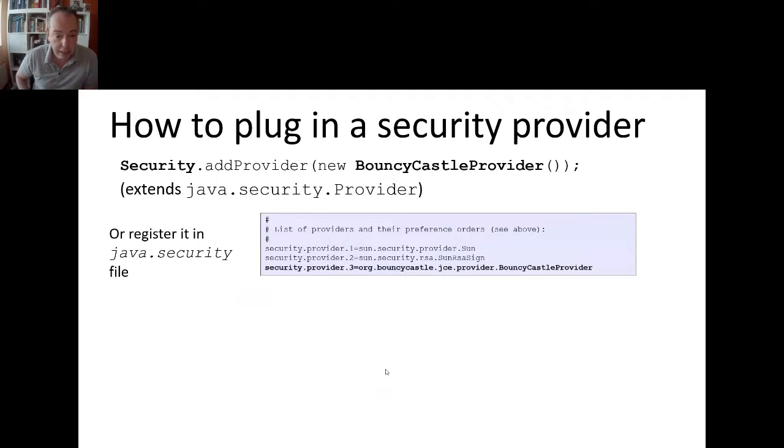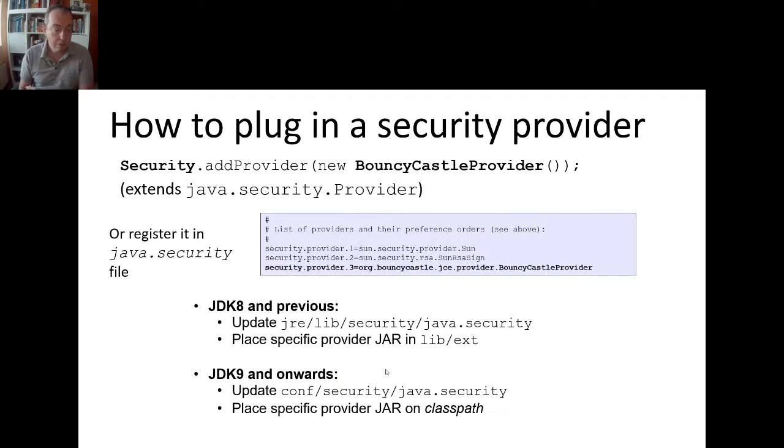For example, in this case, at number 3, I have the Bouncy Castle provider plugged in. Word of caution, the order is important. If a function is found in the first provider, but also in the third, it will always take the first. So if you really want the third, you can force it programmatically, or you have to put it on top.